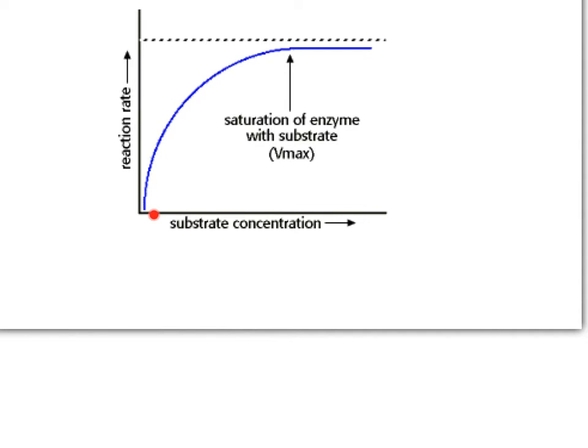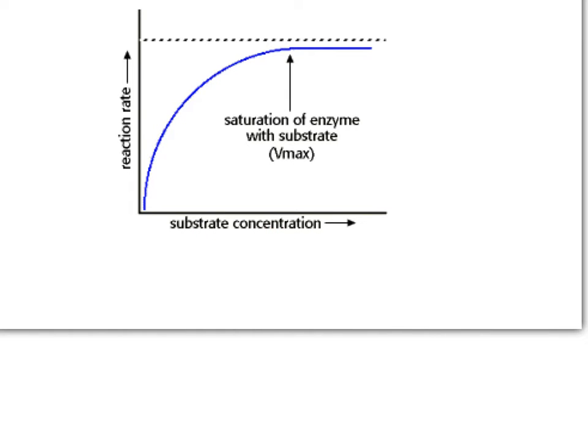If the concentration of the substrate is low relative to the concentration of the enzymes, not all the active sites of the enzymes are occupied by a molecule of the substrate. In this part, the rate increases when the concentration increases.